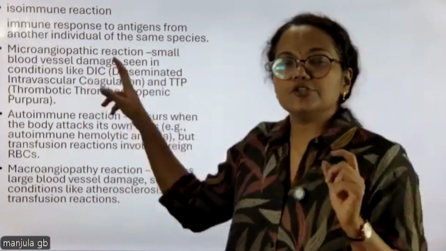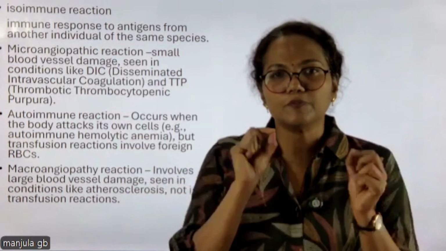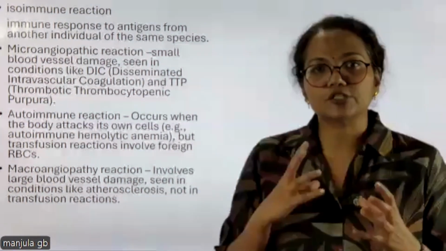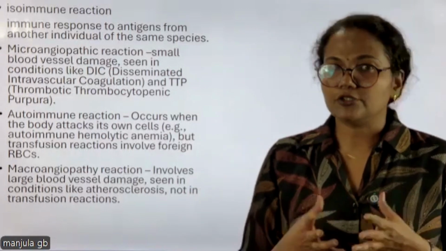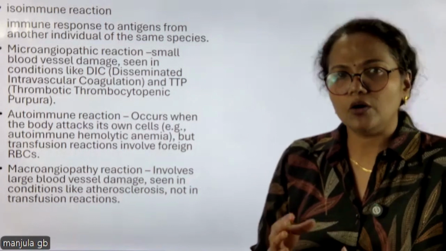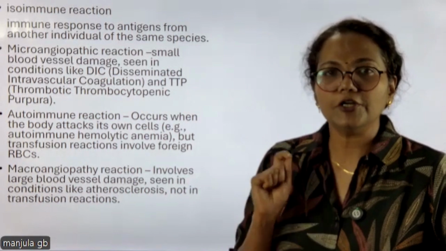Then microangiopathic reaction means what? Micro means small, angio means blood vessels. So small blood vessels are being damaged, like in the case of disseminated intravascular coagulopathy, then thrombocytopenic purpura. In all these conditions, small blood vessels are being broken down or damaged.